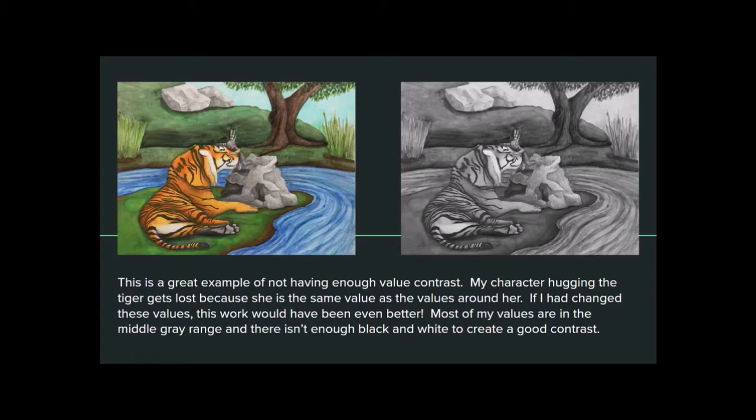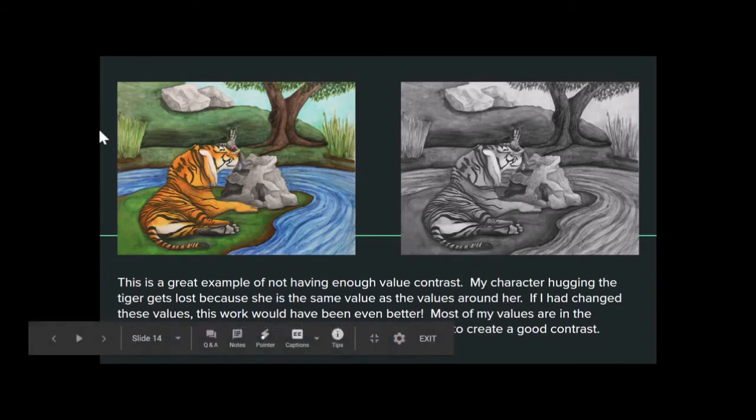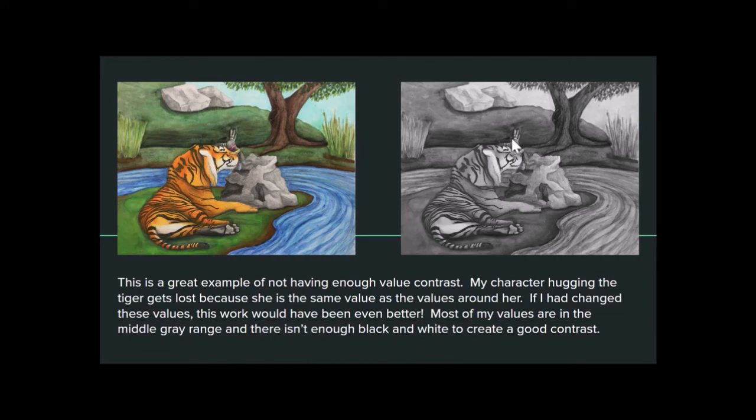And in the color version, it might be a little hard to see why it's not working, but in the black and white one, I feel like it's a little bit easier to tell what's not working. So I have a little character that's hugging the nose of the tiger, and it gets lost because that character is the same value as the values behind it.